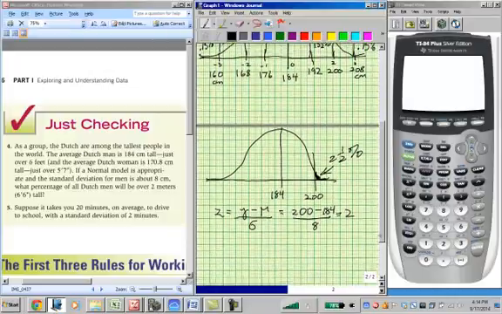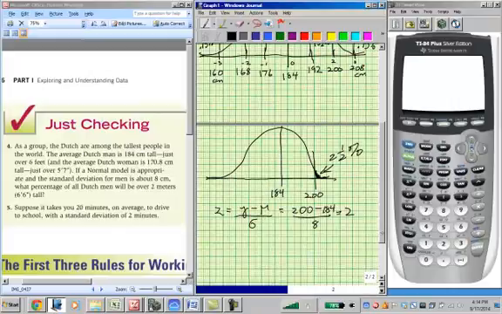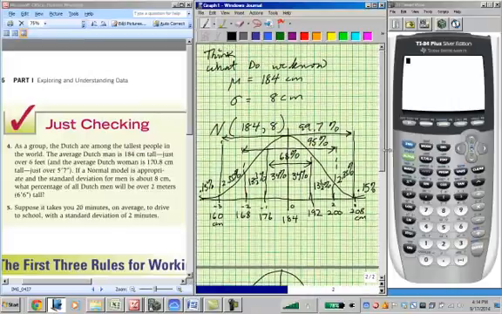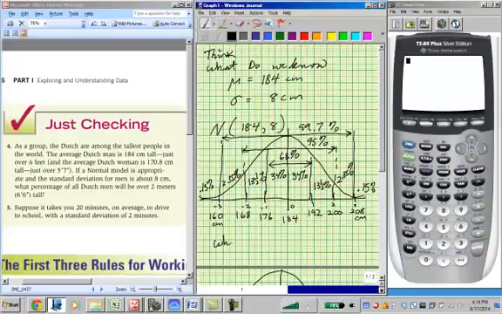All right. So we have talked about what do we know. This is all the stuff we knew. This is what we're told. What do we want to know? Well, we talked about that. The percent that's equal to or greater than 200 centimeters.